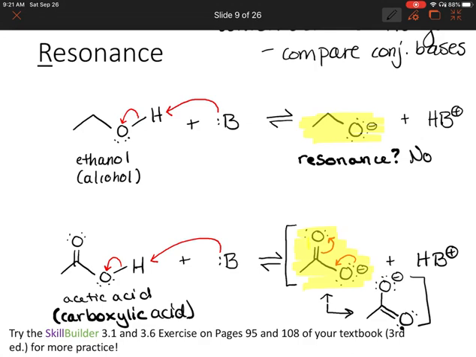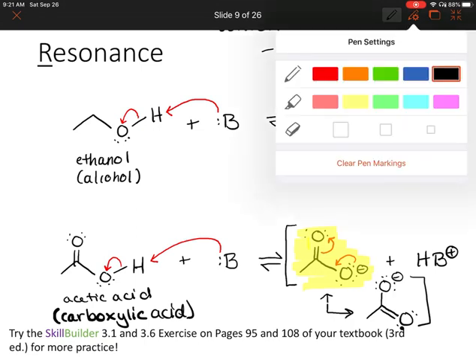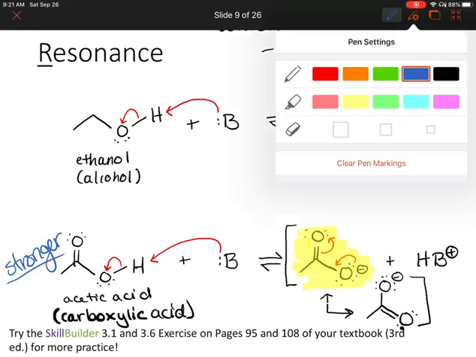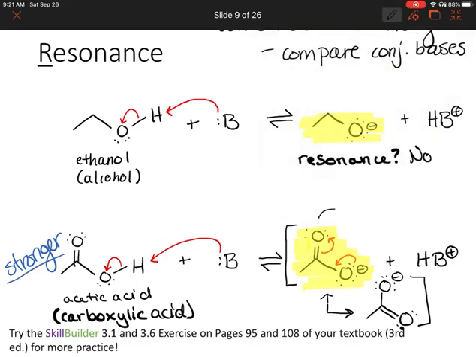All right, so because the conjugate base of acetic acid does have a resonance structure, that means that it is more stable. All right, so this is our stronger acid, acetic acid.